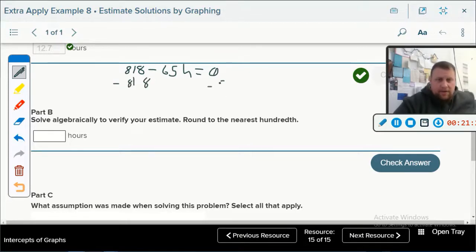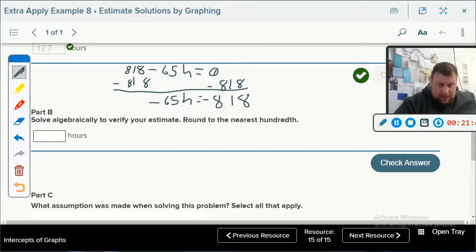I'm not afraid of negatives. Negative 65h. Oh, what did I do? I've been doing that lately. I'm writing when I'm thinking ahead. Equals negative 818. Undo that with division. We're going to divide by negative 65.